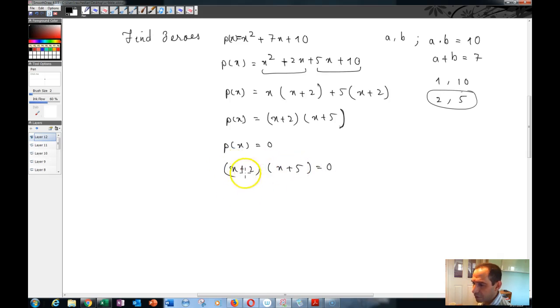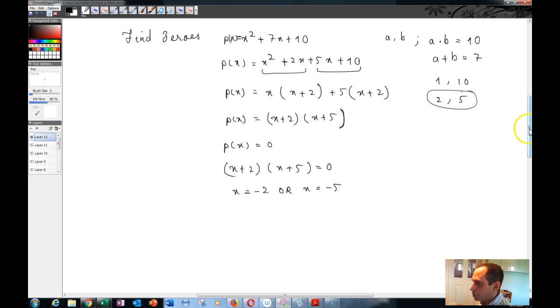If this is equal to 0, either this one is equal to 0 or this one. So that means either x is equal to -2, or x is equal to -5. These are the zeros of this polynomial.